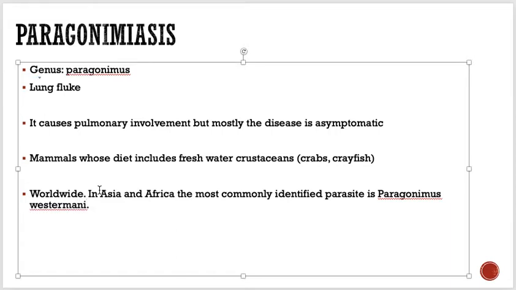Okay, so Paragonimus westermani. So basically, this Paragonimus westermani is the one we call the lung fluke, right?